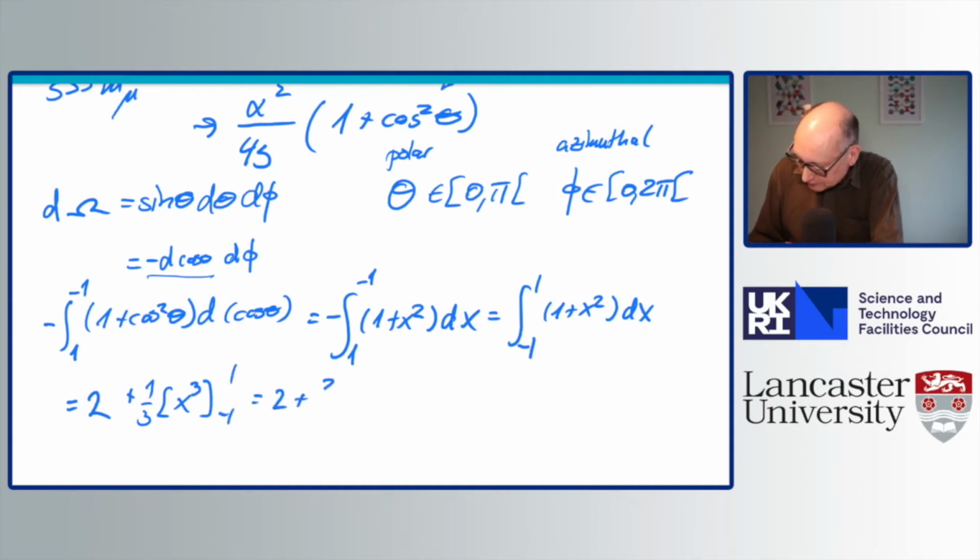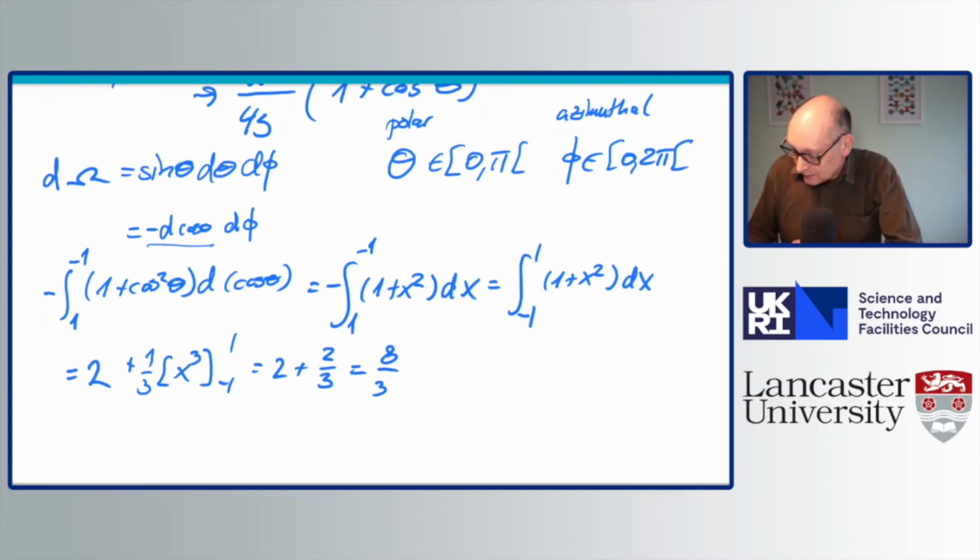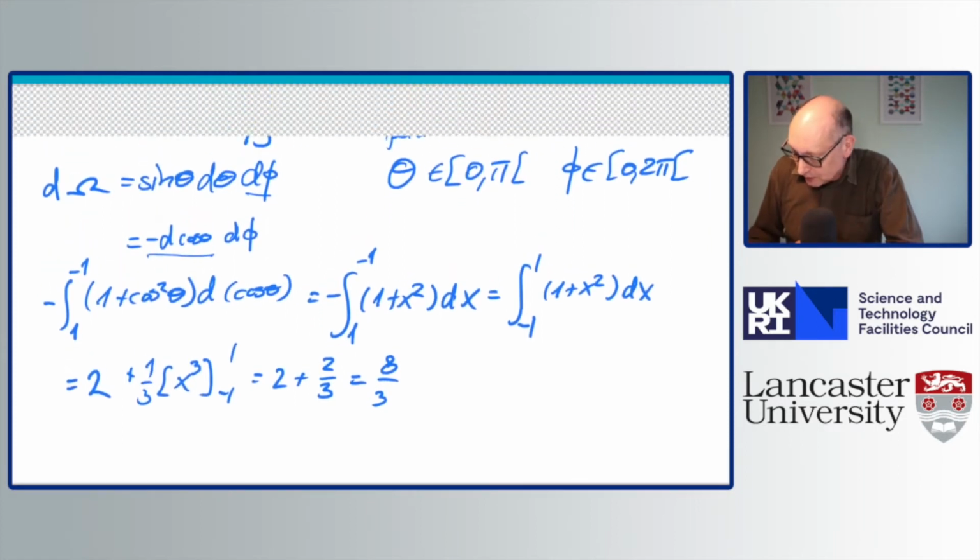So it's 2 plus 2/3, which is equal to 8/3. And then the φ integration here will give us a 2π.